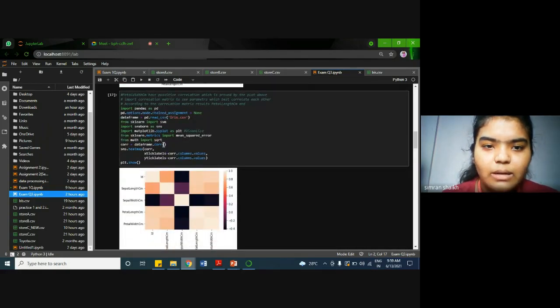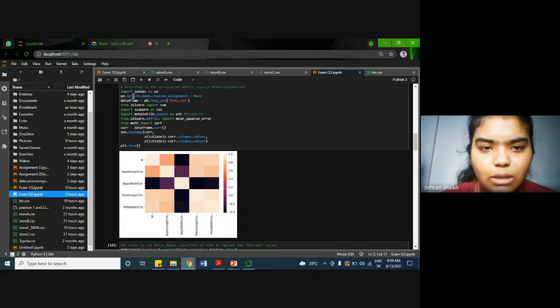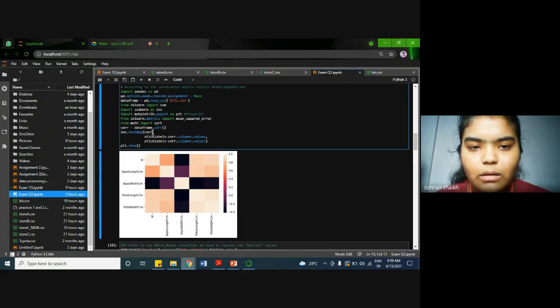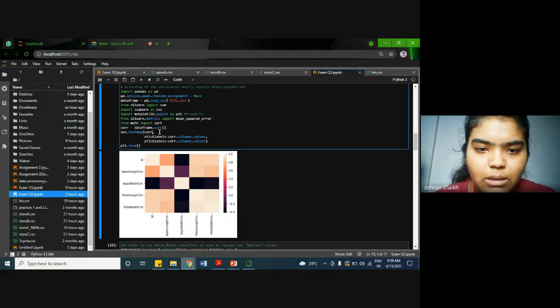Now here, at last, we have come to the pandas correlation part. We are importing sklearn, and from that we are going to take mean squared error. Here, as you can see, we are using a heat map. Now what is a heat map?